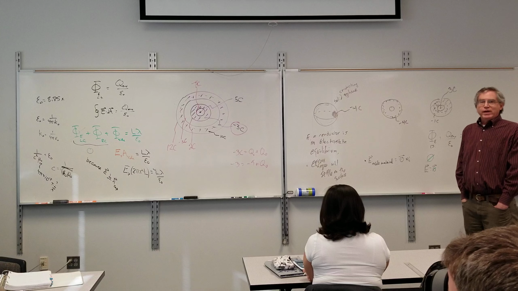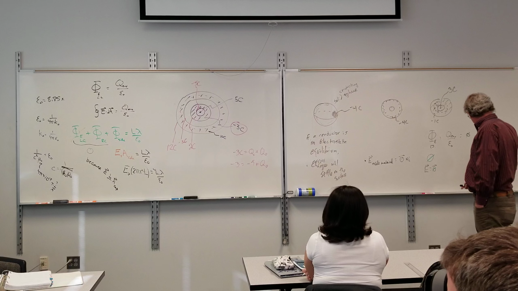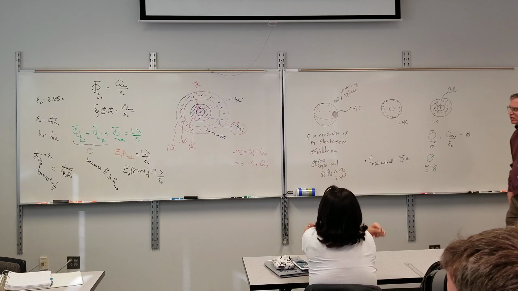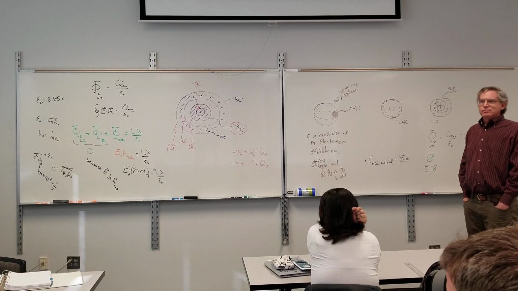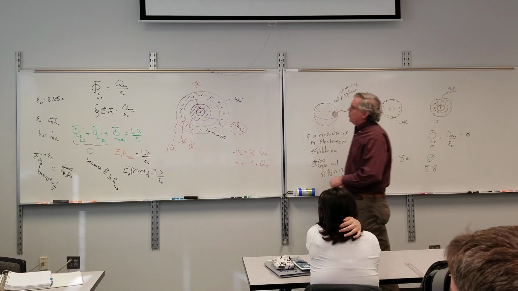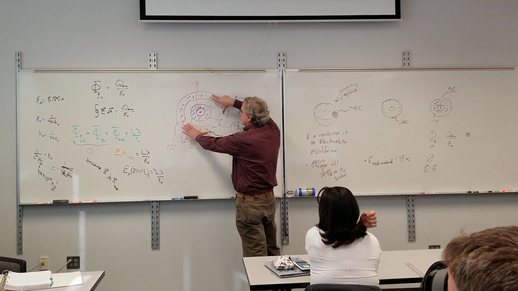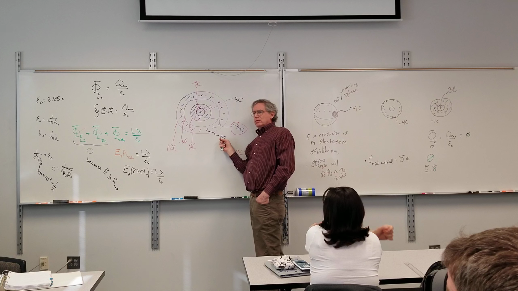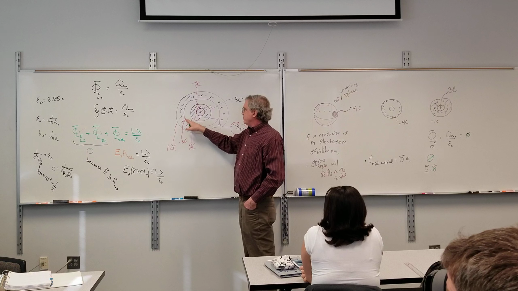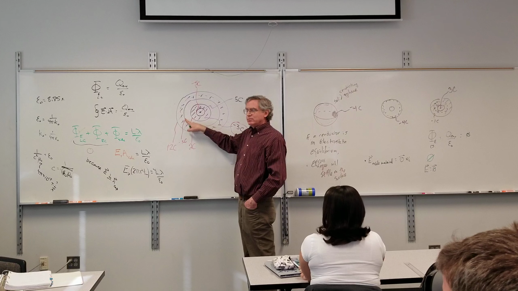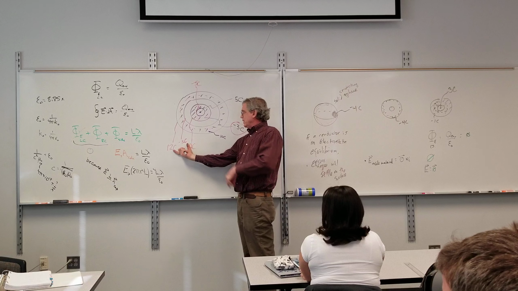All right, questions before I add stuff to it? Why is the last one 12? Because I know on this outer ring my total charge is 10 coulombs, and negative 2 are on the inner surface, so there has to be 12, because when those add together I get 10.